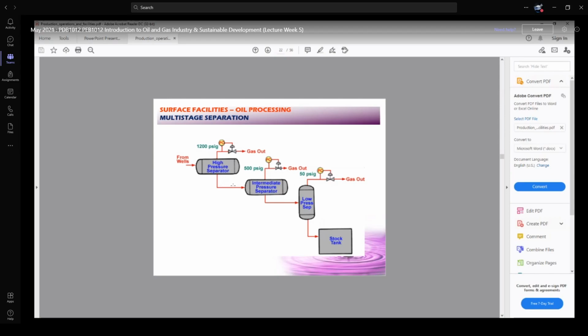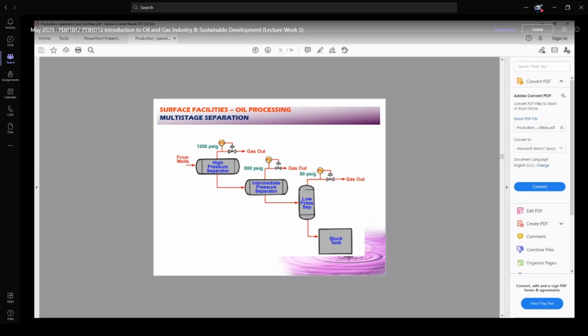Then this stream, which has some gas, liquid, and water as well, will go to the intermediate pressure separator, where the pressure of the stream is not that high, a little bit lower than the previous stage. For example, at 500 psig, it will separate out some more gas from here, and the liquid will go to the low pressure separator, which is almost 50 psi.